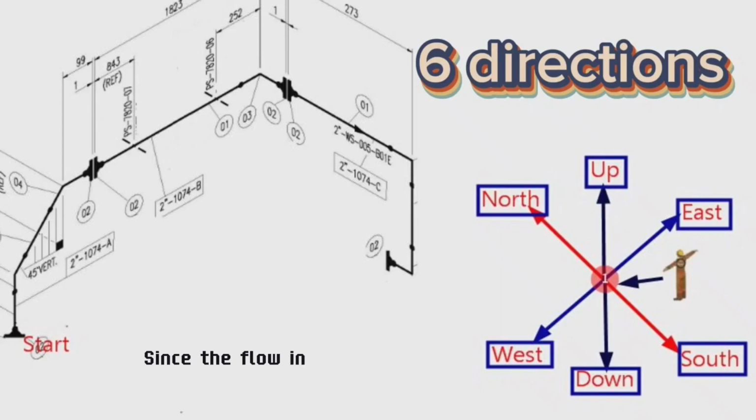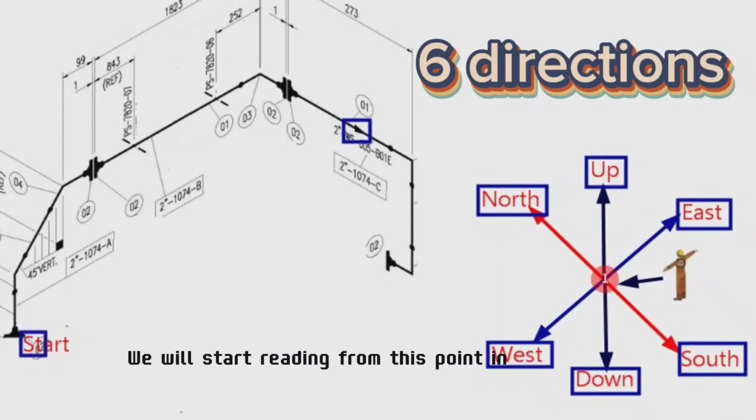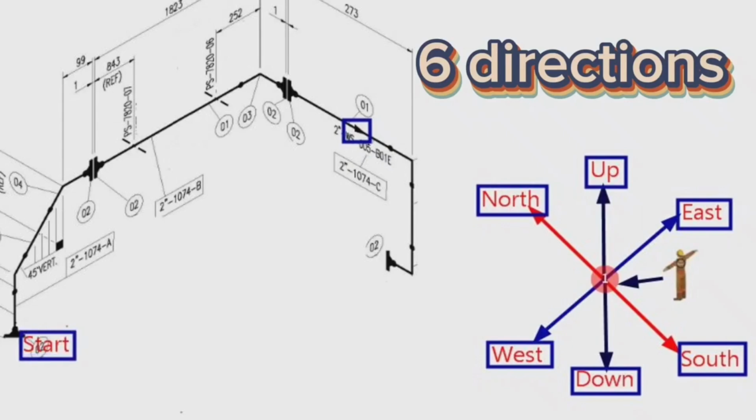Since the flow in the pipeline is in this direction, we will start reading from this point in the pipeline. The pipeline starts moving in the up direction at this starting point. The pipeline moves along the dashed lines to the east and then along the dashed lines going up vertically with 45 degrees. Then the pipeline continues in the east direction again.